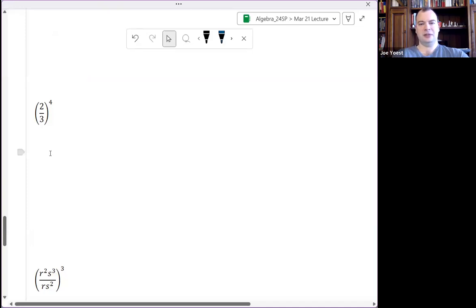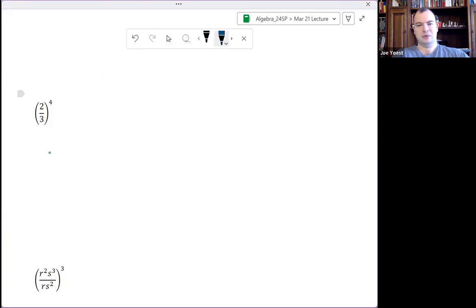Okay, so just as a reminder, a warm-up before we get to the next problem, what about something like 2/3 to the 4th? How would we simplify that? We're not going to use this quotient property quite yet, but how would we simplify this?